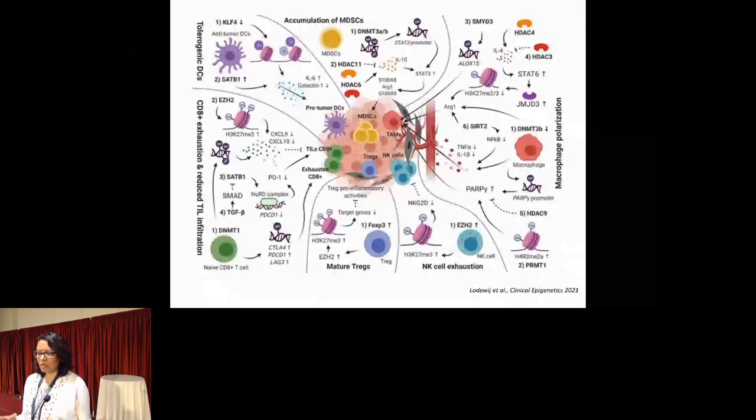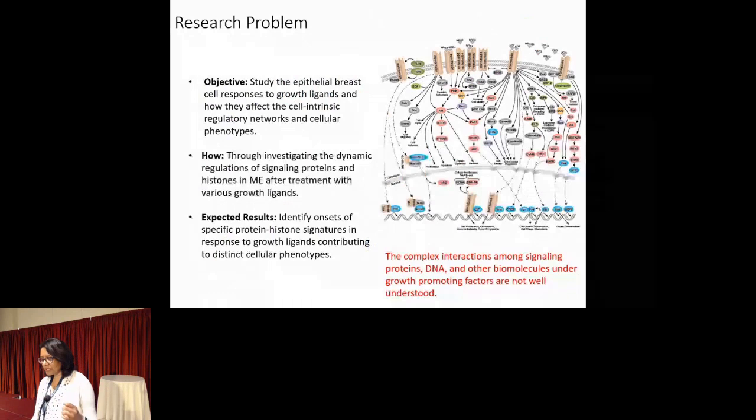There's much more connectivity going on, with interactions among various combinations of different histone marks. So what we're trying to do in this study is understand the complex interactions among molecules and the tumor microenvironment, looking at the combinatorial effects of histone marks by examining the regulation of signaling proteins and various histone marks after treatment with growth factor ligands.